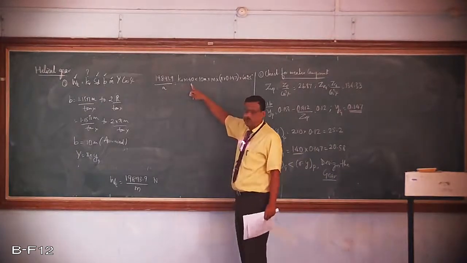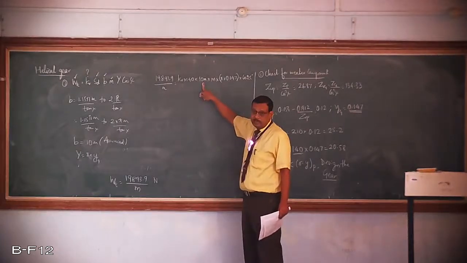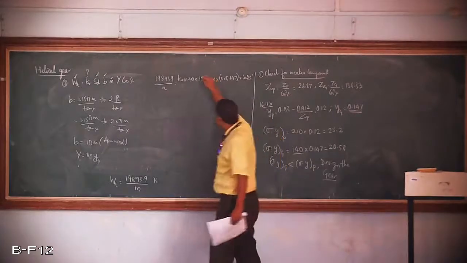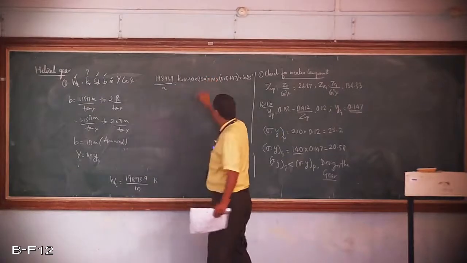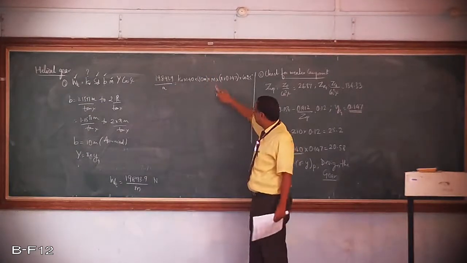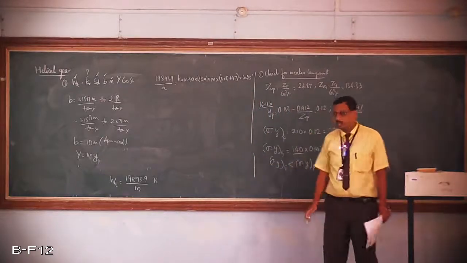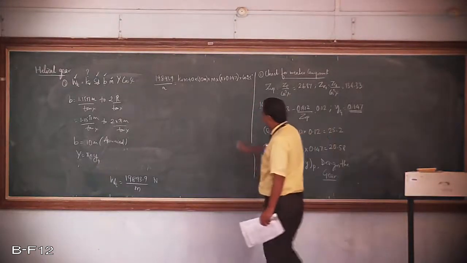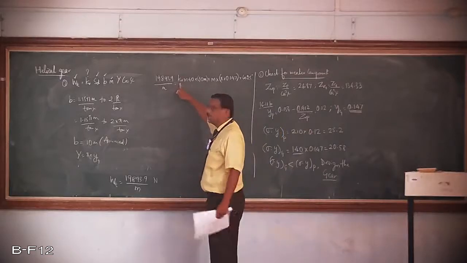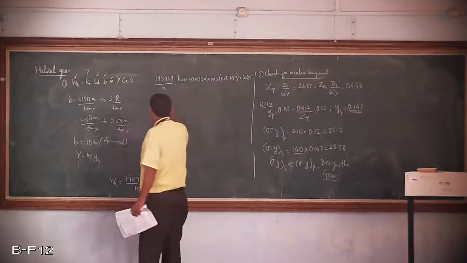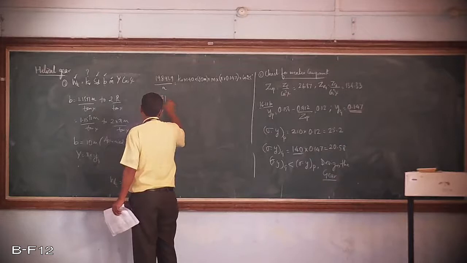SD we have substituted. B we have taken as 10 times the module, so let me keep it in brackets so that it is a single quantity. m as it is. This is the value of Y, this is cos psi. Yes, all values have been taken care of. Now, if you see this equation, m is 1, 2, 3 and kV is unknown. Therefore, let us write it as m cube into kV.